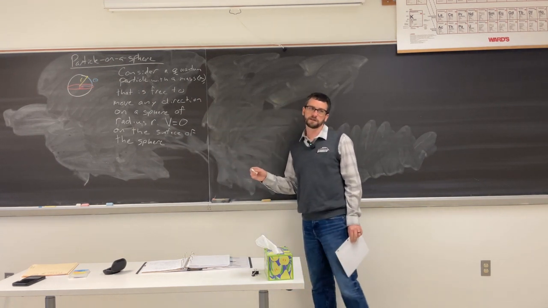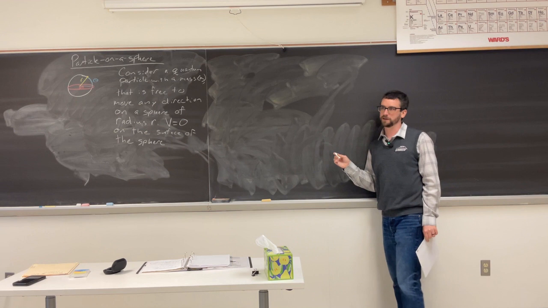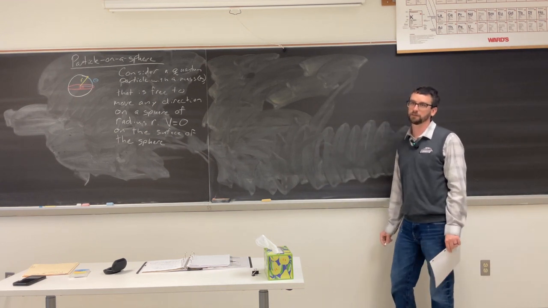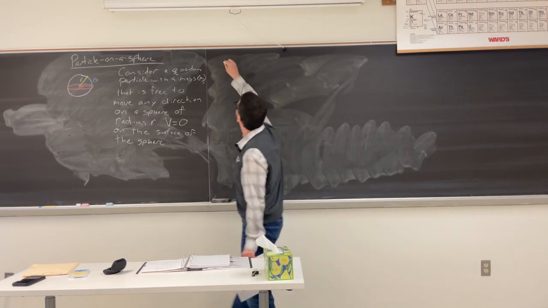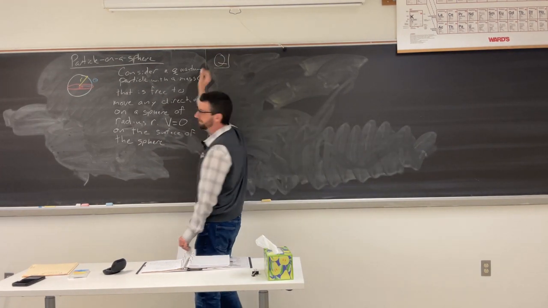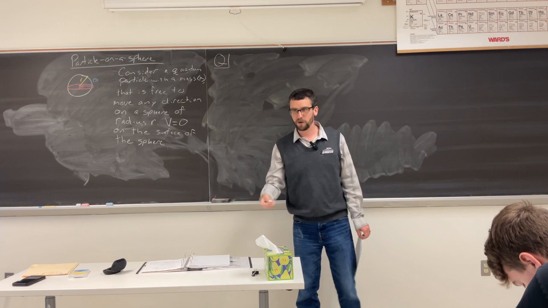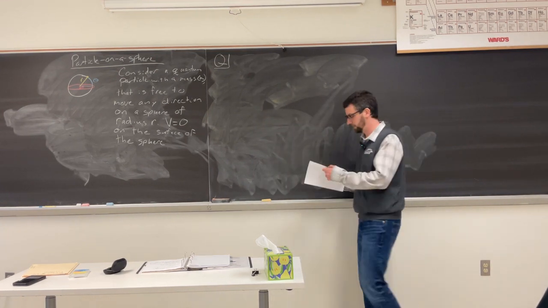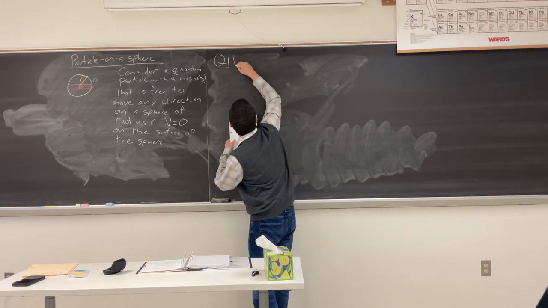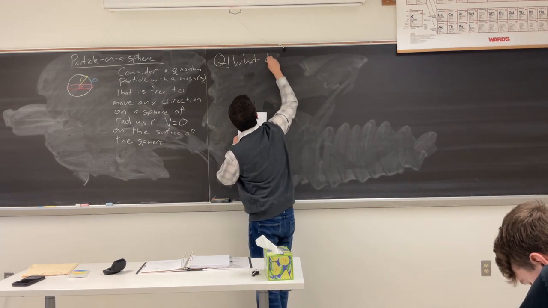So we have this quantum system. What's the first question we always ask with our quantum systems? Yeah. What does the Schrodinger equation look like? What does the Hamiltonian look like? Then we use that to find the wave functions. So what does the Hamiltonian look like?